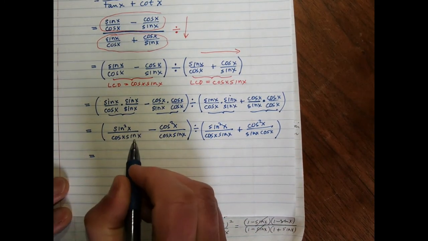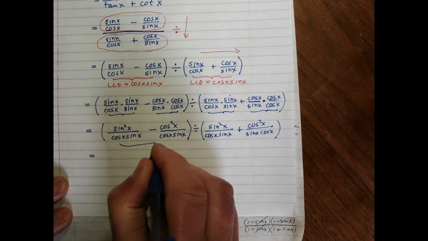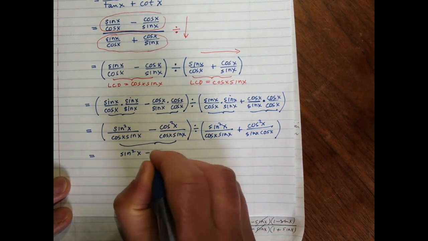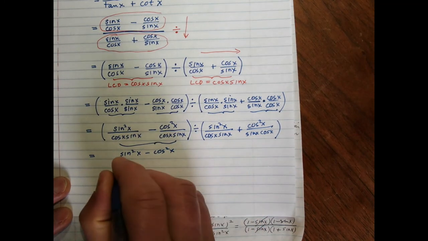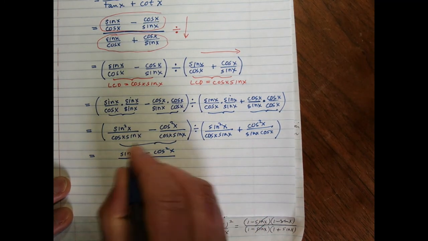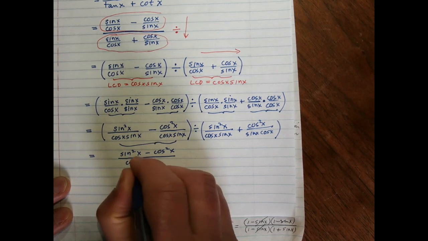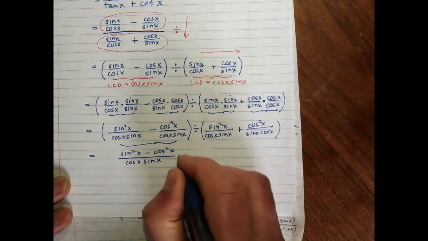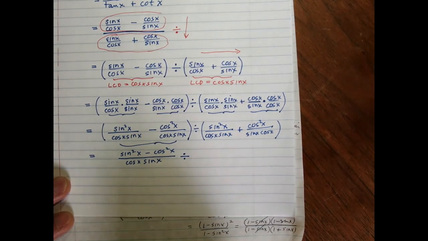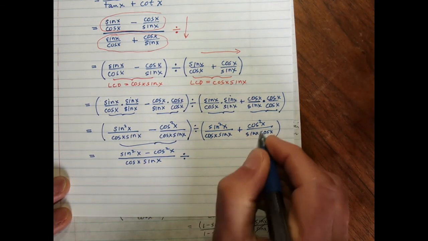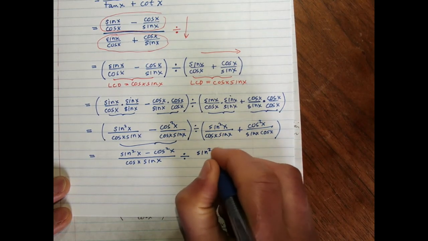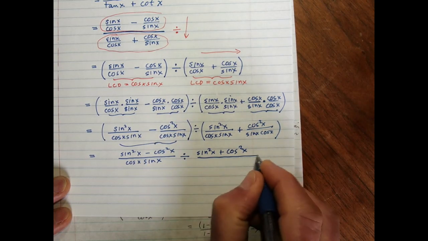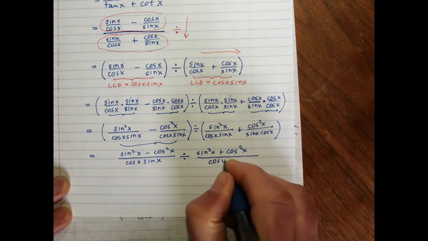Now I'm ready to combine fractions here. I can subtract: sine squared x minus cosine squared x all over the common denominator written just one time. At this point, I don't need the parentheses anymore because I've gotten down to one fraction. Divided by sine squared x plus cosine squared x over the common denominator, cosine x sine x.